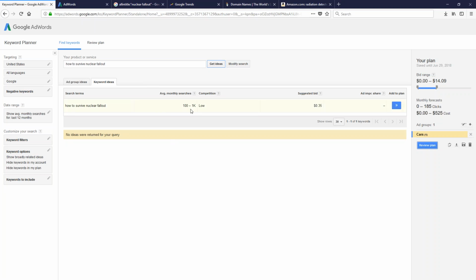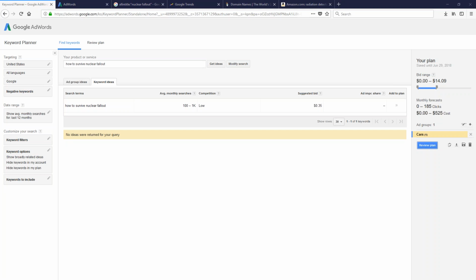But when you compare that there are only 92 pages in all of Google that are targeting this exact keyword phrase, with this phrase in the title of the page at least, compared with the almost 15,000 that are targeting the other one, it's a lot easier to go after this lower hanging fruit, so to speak, than it is to try to get the really, really popular keyword phrases.